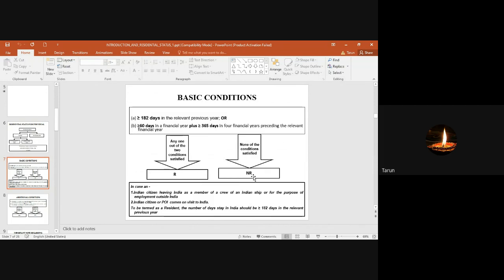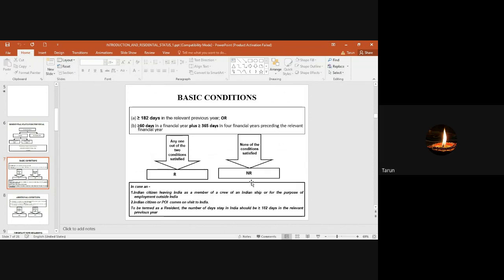If an individual has fulfilled any one of the conditions, that means the individual will become a resident of India, right? If the individual hasn't fulfilled any of the basic conditions, he becomes the non-resident of India, right? So what are the conditions?